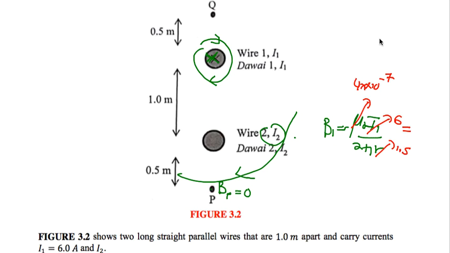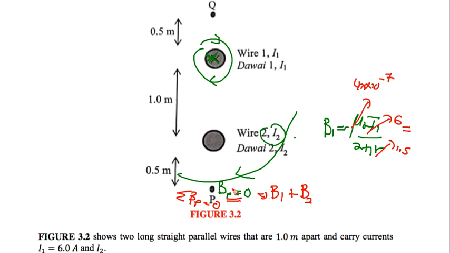There is no need to calculate the final answer first. To find B at the point P, the total B at the point P is equal to 0, meaning you have two B's. The first B comes from wire 1, and the second B comes from wire 2.